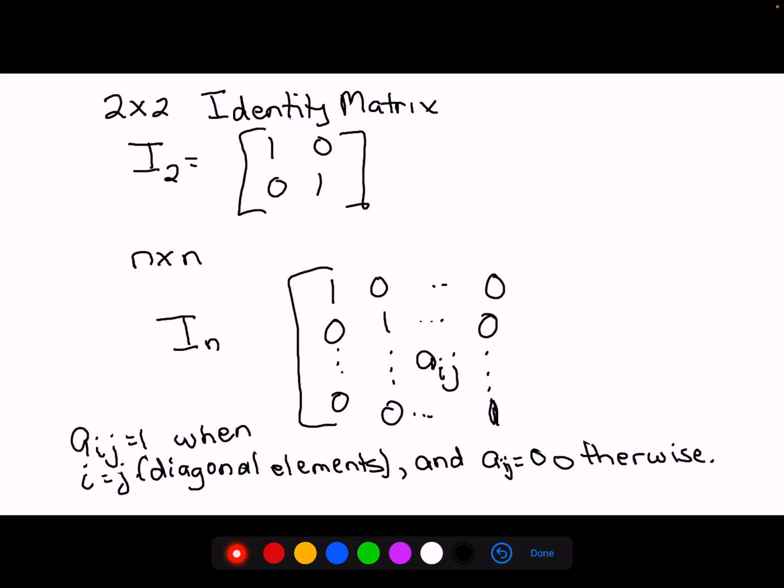All right. Let's show that we have an identity matrix in an example. Let's say that we have matrix B. That's 5, 7, 2, and 3.